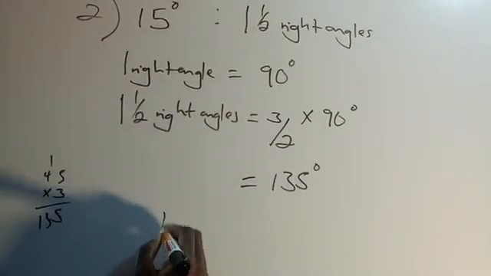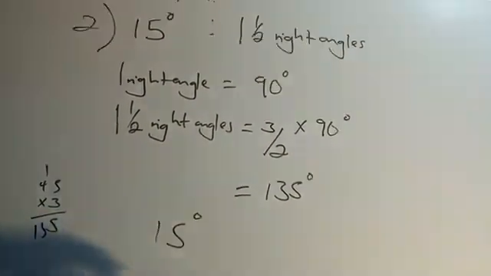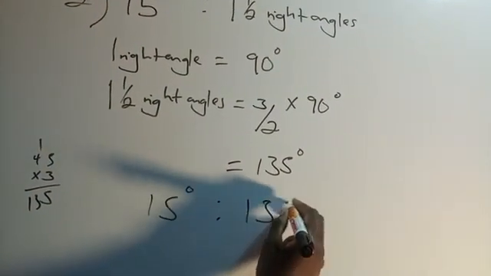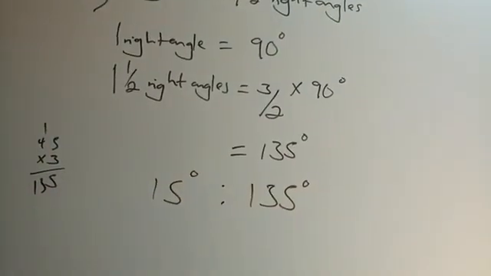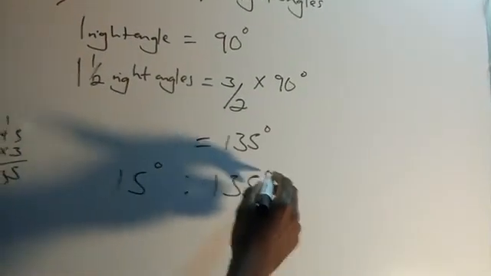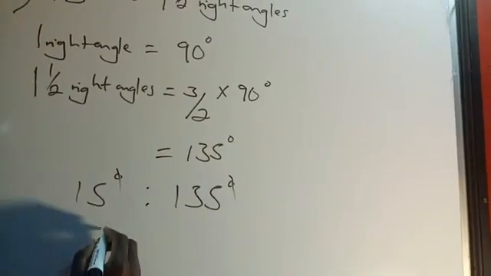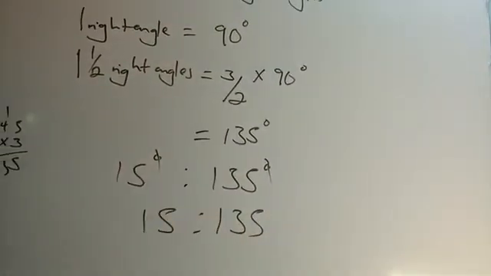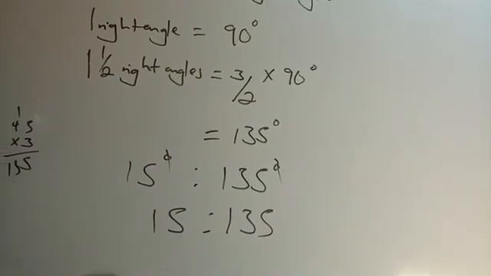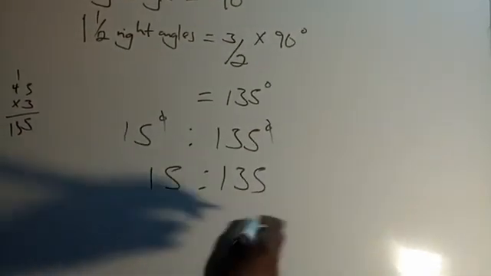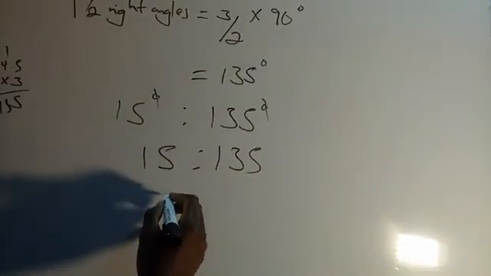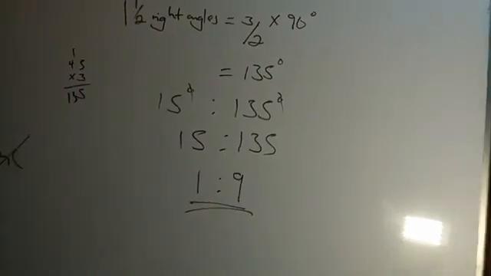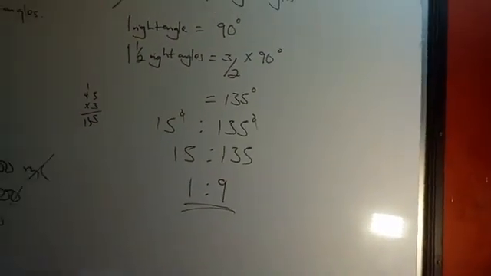So 15 degrees is to 135 degrees, and omitting units, 15 to 135. Simplifying by 15 on both sides, it becomes 1 to 9. That is the simplest form of number 2.